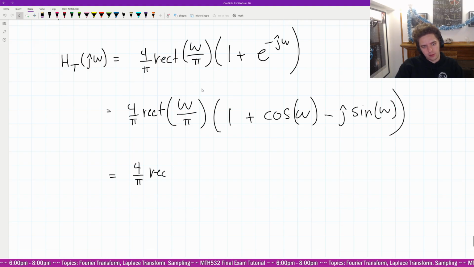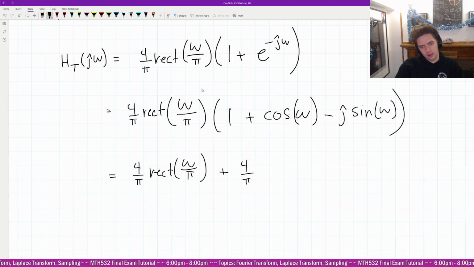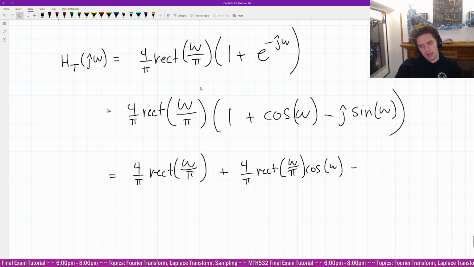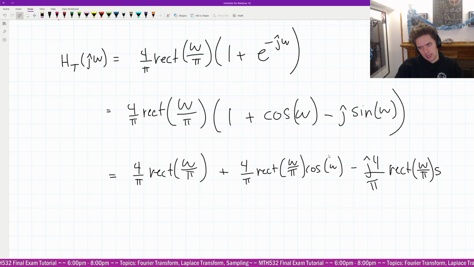I'm going to multiply that in. So 4 over pi rect of omega over pi plus 4 over pi rect of omega over pi cosine omega, minus j times 4 over pi rect of omega over pi sine omega.